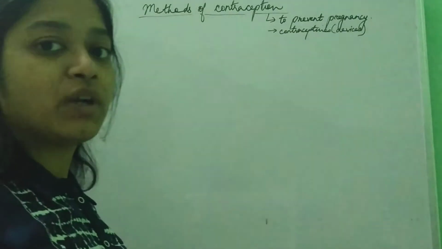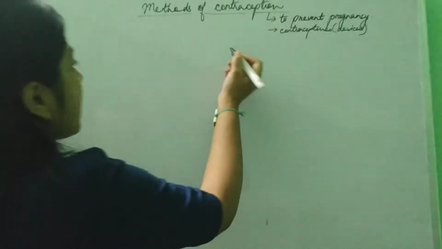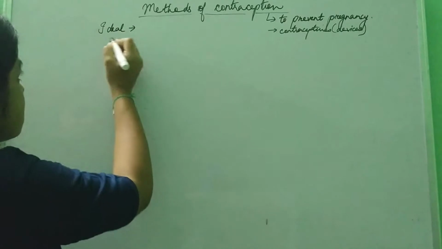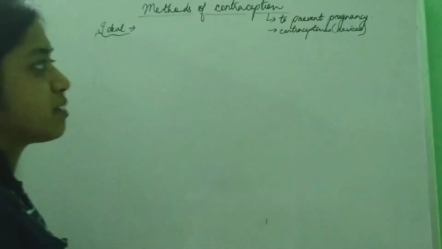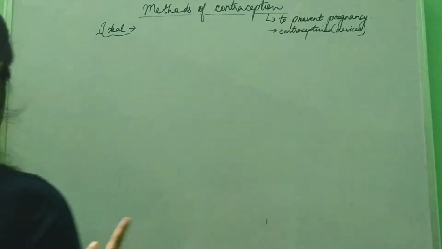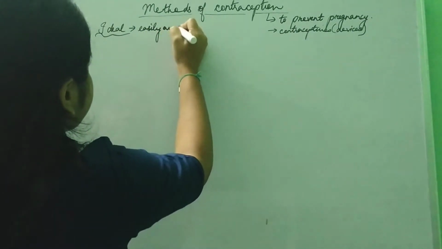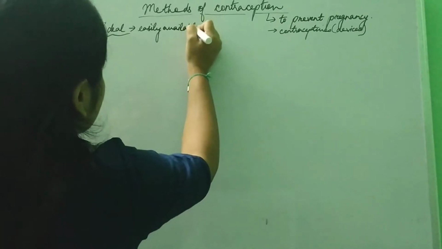So, an ideal contraceptive. What is an ideal contraceptive? An ideal contraceptive will have certain characters. When is a contraceptive said to be ideal? First, it should be easily available, available everywhere.